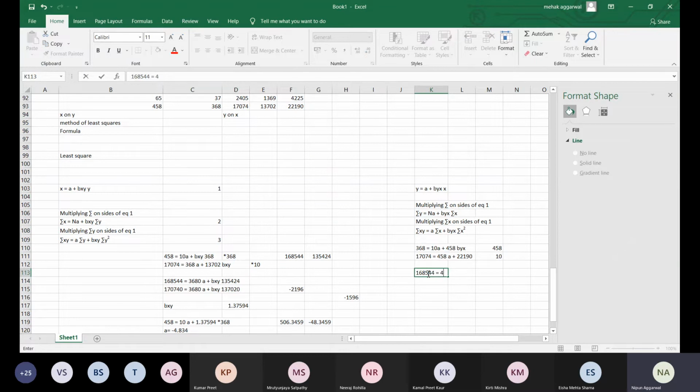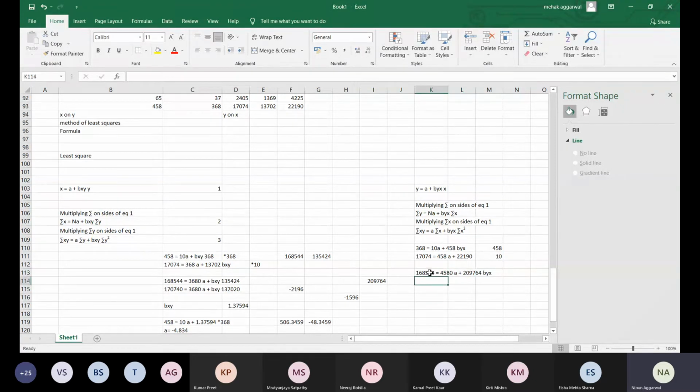This becomes 4580a plus 458 into 458, which is 209764 byx. So this becomes your first equation.